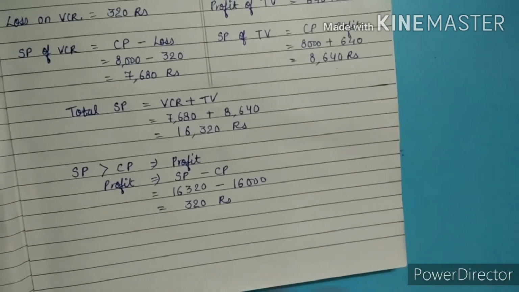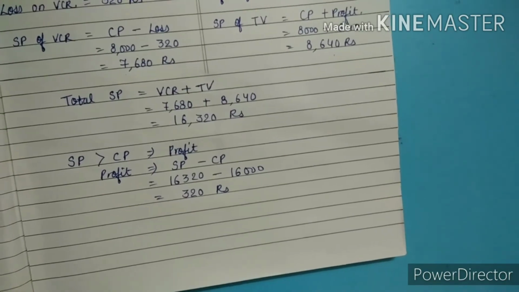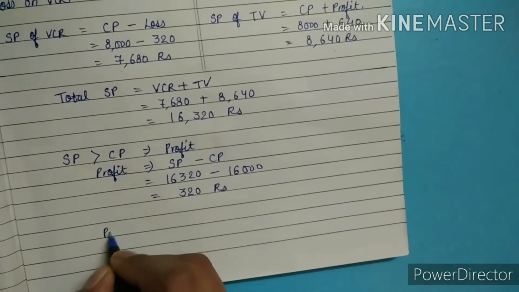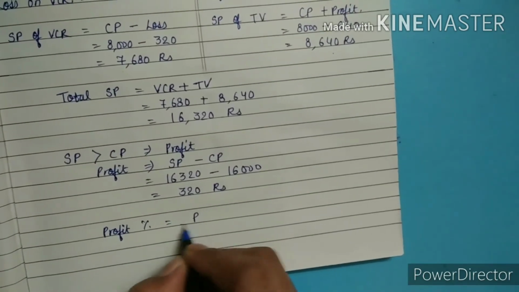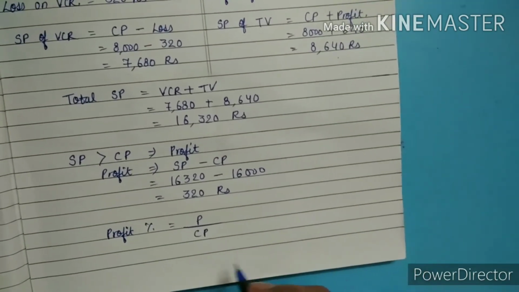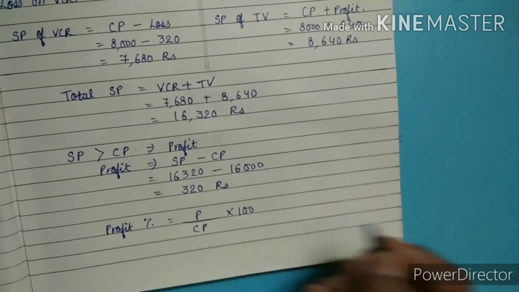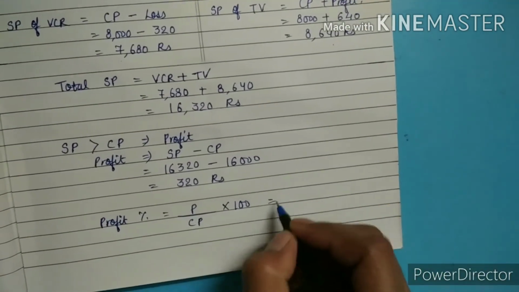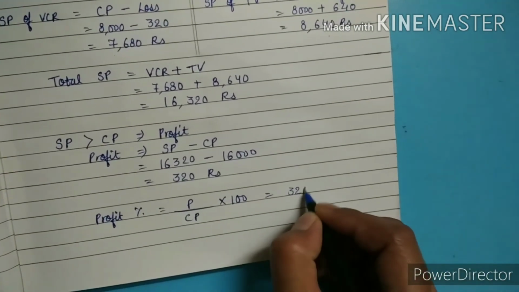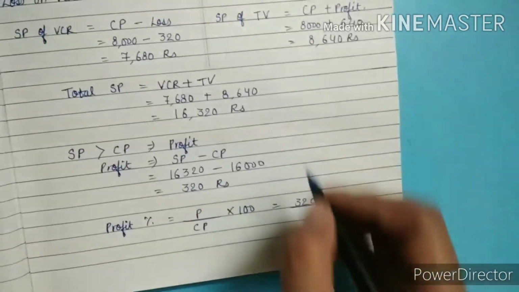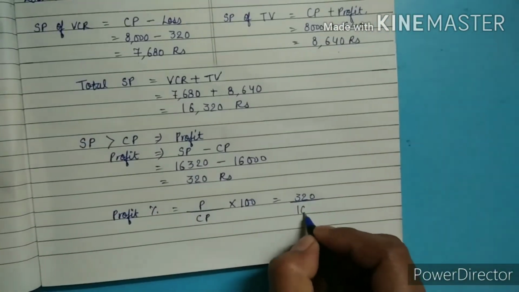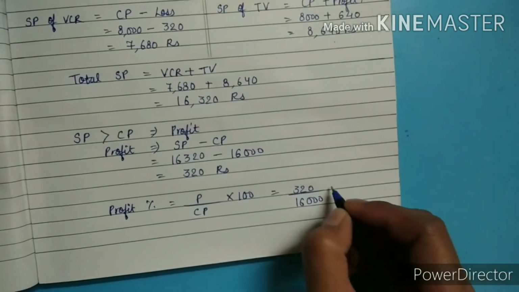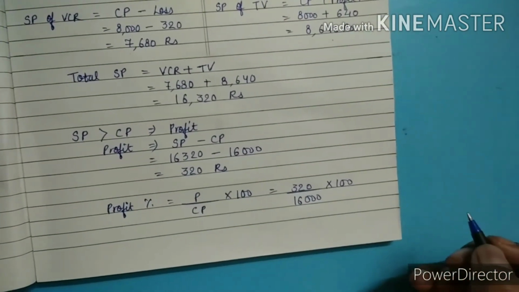But what is the profit percentage? Profit percent can be found as profit divided by cost price, multiplied by 100. So profit is 320 rupees. Cost price is total cost price 16,000, and it will multiply by 100.